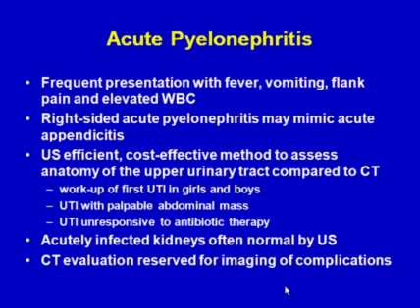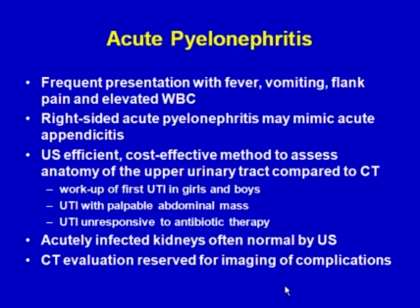Certainly in our place, we use ultrasound extensively in the workup of a first UTI in both girls and boys, and also in patients who subsequently develop UTIs with a palpable abdominal mass, or in a UTI that is unresponsive to antibiotic therapy.